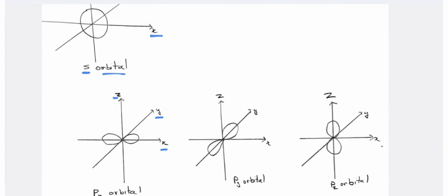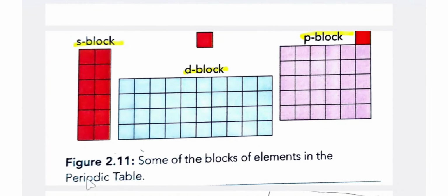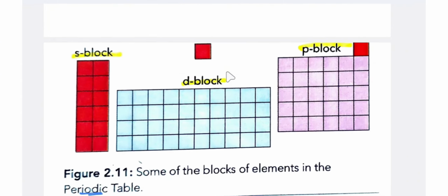You need to remember these diagrams for the periodic table. This is the S block element, which also includes hydrogen and helium. This block is the P block element, and this block is the D block element.